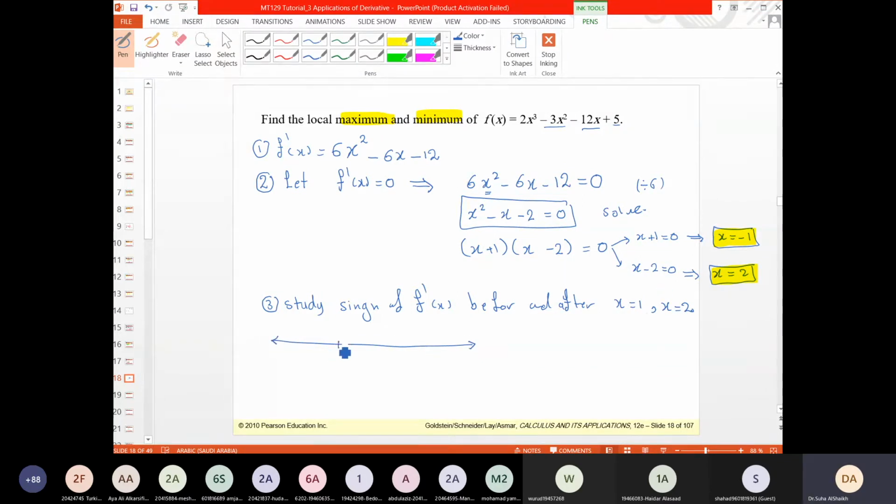We plot the points. This is minus 1 here and this is 2. Right? Minus 1 is a little bit before the 0 and the 2 is after the 0. So this will cut my number line into 3 parts. And we will study the sign of f dash x. We are studying the sign of f dash here. Let me highlight this.